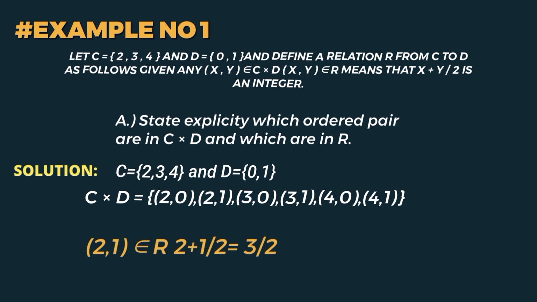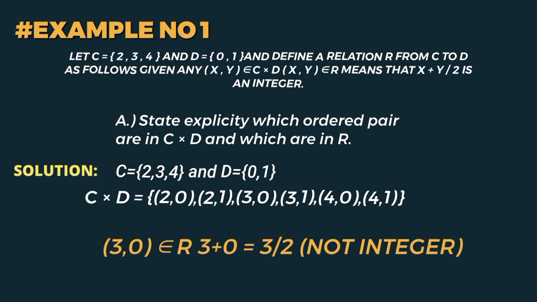How about (2, 1)? Is it an element of R? No, it's not an element of R because (2 + 1) over 2 equals 3 halves, which is not an integer. How about (3, 0)? Is it an element of R? No, because its result is also 3 halves, which is not an integer.